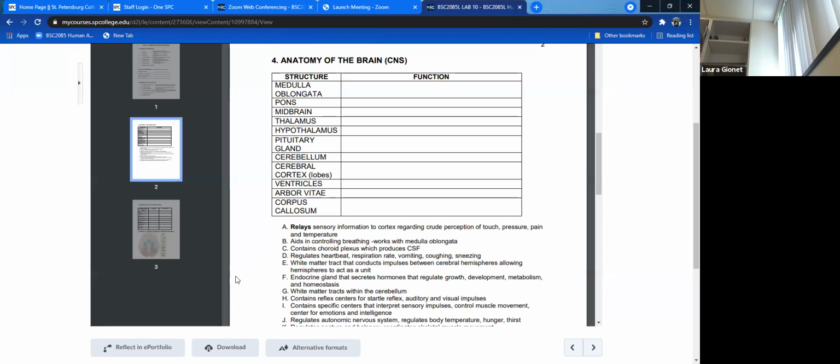So let's take A, relay sensory information to the cortex regarding perception of touch, pressure, pain, and temperature, as well as other functions. But you only have so much room in these areas. You can either just match the letter up to the function, but that line under function represents the space that you have generally on a quiz sheet when we're taking these quizzes face-to-face in the lab, and the same amount of room on one of your exam sheets.